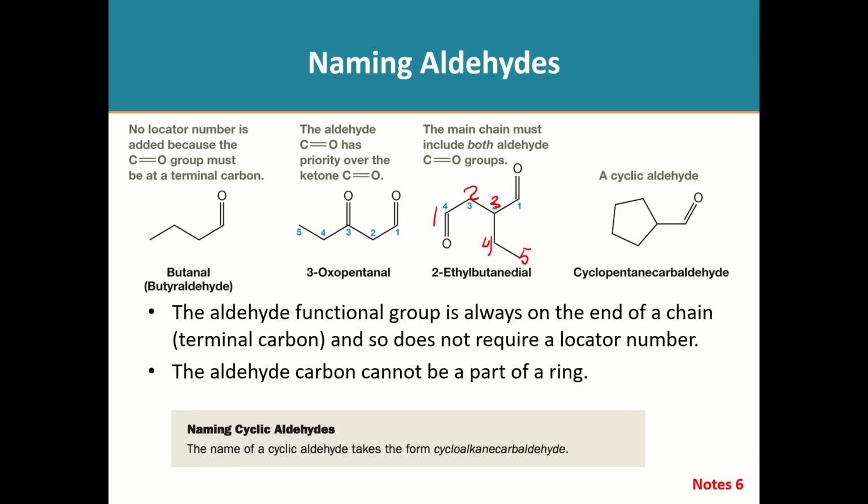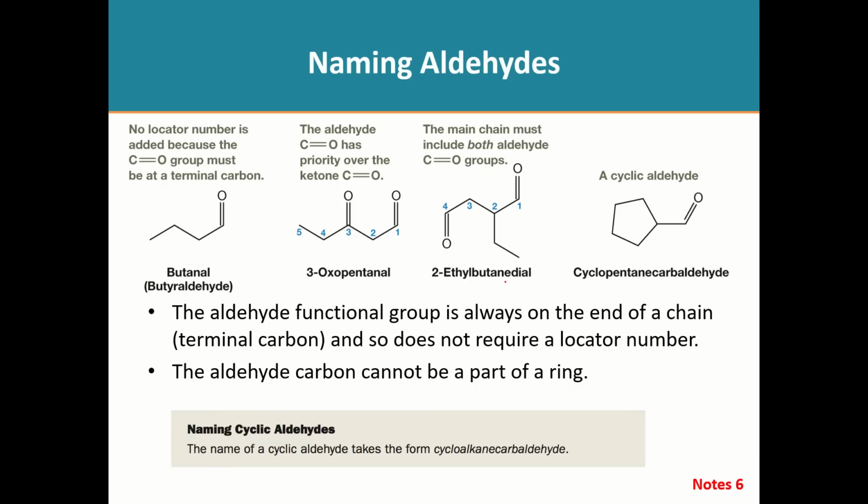That's the longer chain, but we didn't choose the longest chain because we have two functional groups of equal priority. So the longest continuous chain had to contain those two functional groups. That's why we only have the butane, even though we have a chain of 5 carbons.